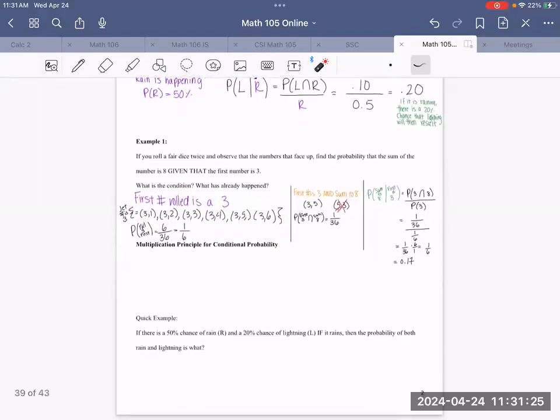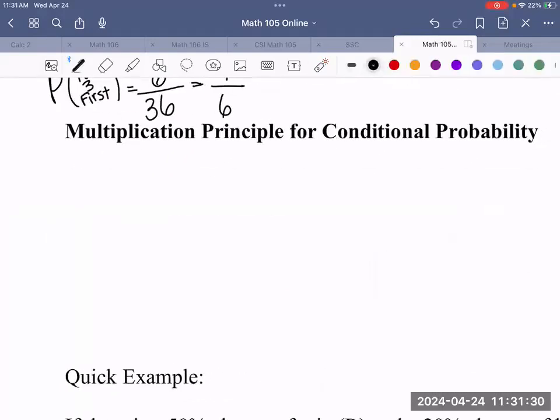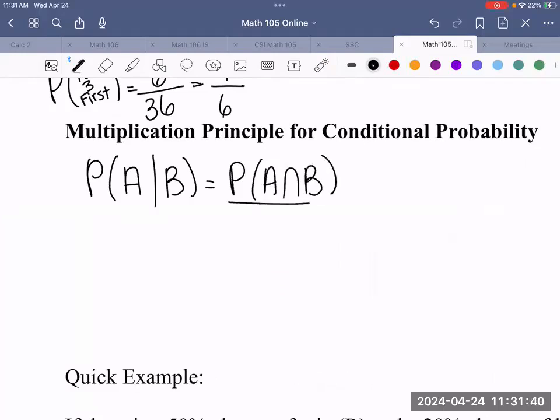All right, let's look at the multiplication principle. So we're normally given your formula, A such that B is equal to the probability of A and B over the probability of B, right? Now let's say, though, we have everything except for this value here.